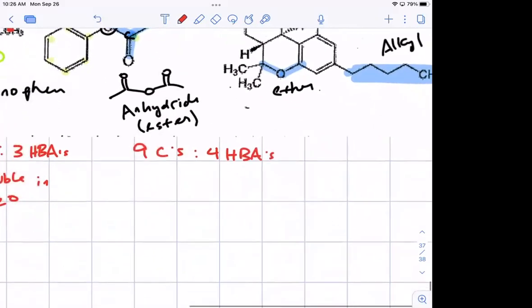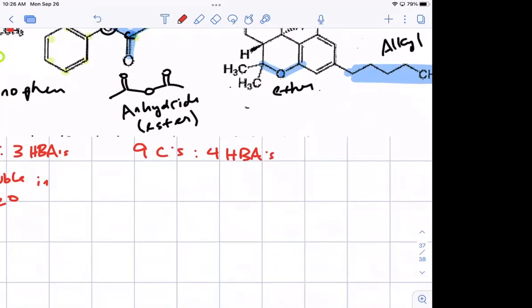So in this case, if the ratio is 5 to 1, or 10 to 2, or 15 to 3, or 20 to 4, how many more carbons could I add and this still be soluble? Did you say 11? Yes. Okay, good.